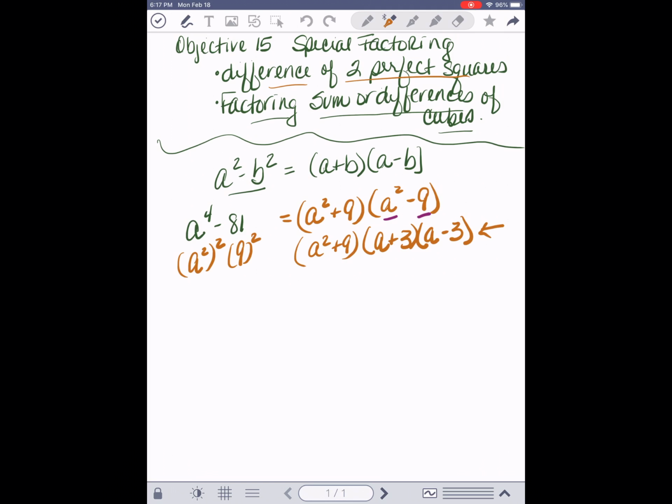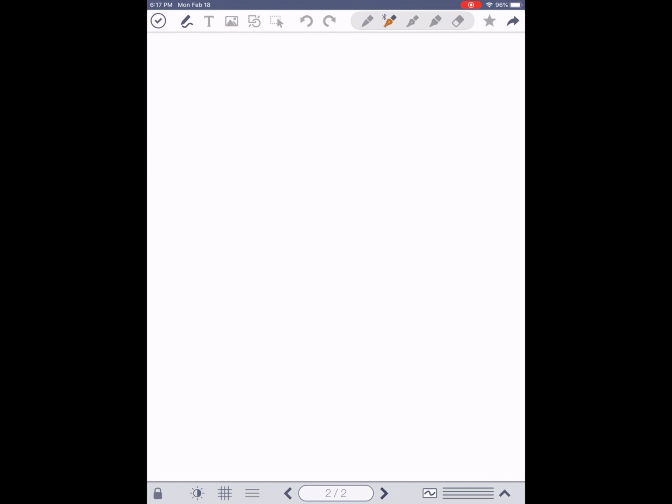Now, let's take a look at the second topic here, factoring the sum or difference of cubes. We have two formulas here that we want to remember. It's a cubed plus b cubed, which always equals a plus b times a squared minus ab plus b squared.